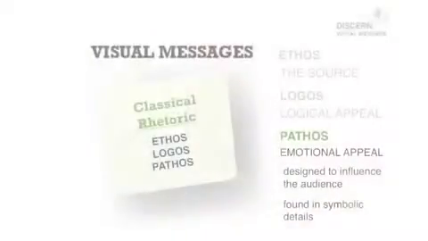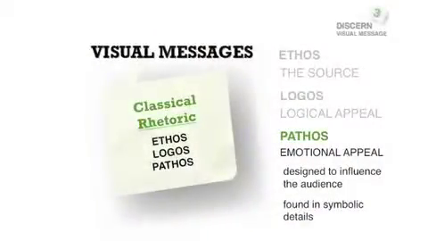Now, the pathos is the emotional appeal that is designed into the image to influence the audience, and these are usually found in the symbolic details. And again, symbolism is learned. It is learned through culture, through family, through one's own studies. Also, symbolism appeals to the subconscious.